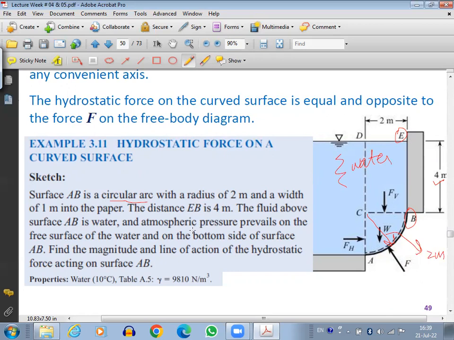And atmospheric pressure prevails on the free surface of the water and on the bottom side of the surface. So on the bottom side, here we have atmospheric pressure, and at the free surface of the water, here we also have atmospheric pressure. This symbol denotes a free surface. Whenever you have this symbol, it represents a free surface open to the atmosphere.